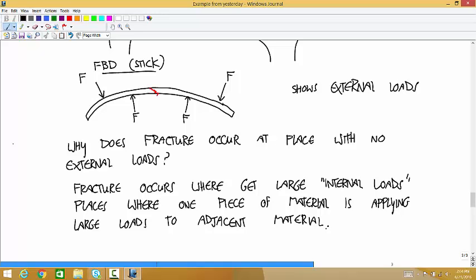Okay, so that's what we're trying to figure out. Where is one piece of the inside of this stick applying big loads to the surrounding pieces of the stick? And when we find that point, that's the point where this is going to break. Okay?